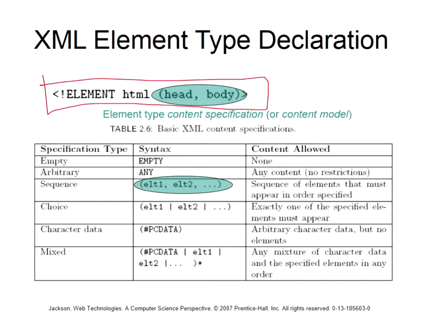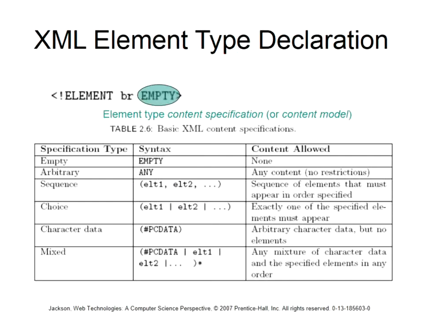This rule means our element is an HTML element, and this HTML element contains a head and body, and the head is first. After that the body is second. It's clear? Clear or not? Good.